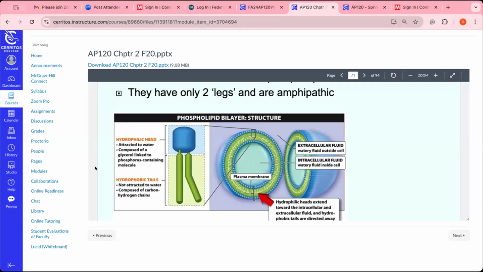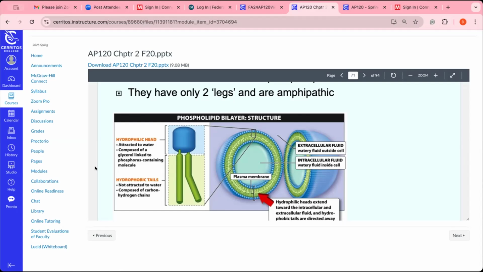These phospholipids have two branches, two legs. They have a hydrophilic head, a head that loves to be in water, and hydrophobic tails, tails that do not like to be in water. So they're amphipathic, meaning they have two loves. Their heads love water and their tails hate water.